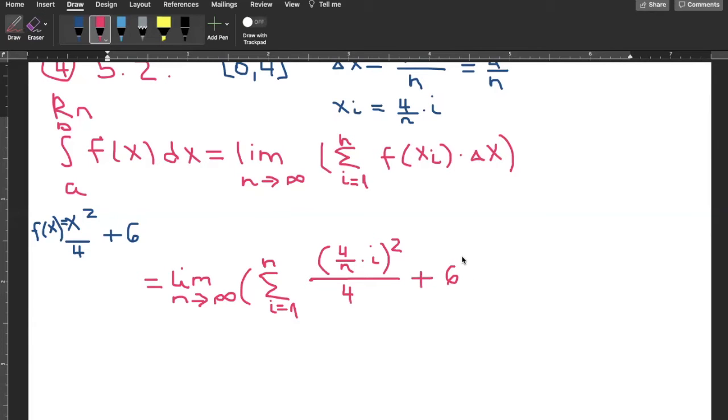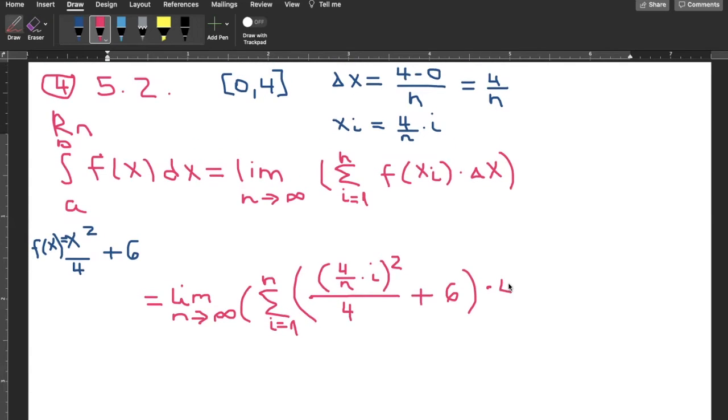So this is the function. And then times delta x, which was 4 over n.